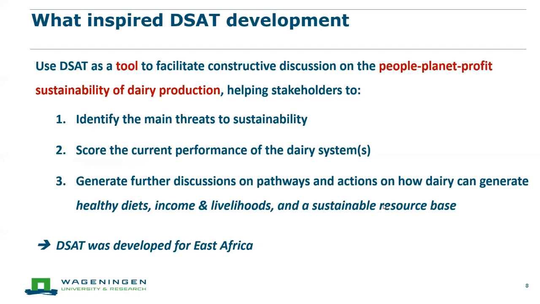Wageningen University, in previous projects, has interacted with several policymakers and different stakeholders who thought it was important to develop a tool to identify the main threats to sustainability, and secondly, to do some kind of scoring of the performance of livestock systems, not only dairy, but also to generate further discussions on pathways and actions on how one can generate healthy diets and how one can improve sustainable use of various resources.